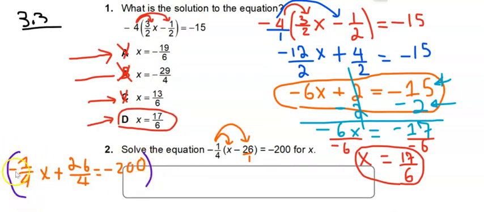I'm going to take this whole entire equation and multiply it by 4. Can I do that? Yeah, because I want to get rid of what in the denominator? The 4. Yeah, because what's 4 times 1? 4 divided by 4.